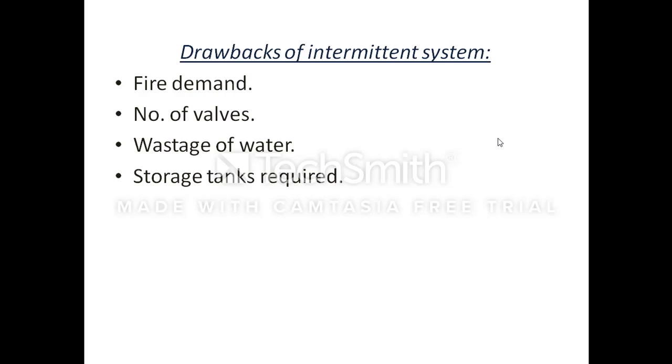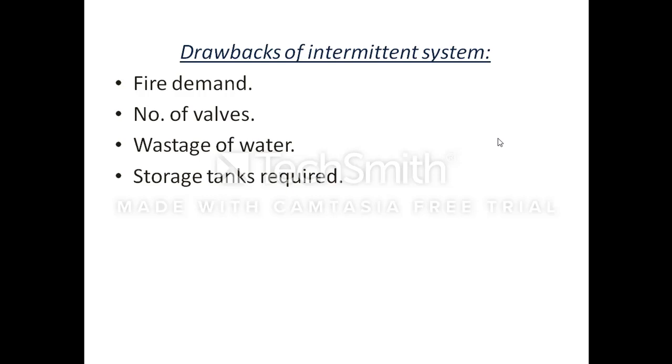First is fire demand. If there is a fire during the period when water is not supplied, it creates a great problem as the water can't be arranged for firefighting quickly. And a large number of valves are required for working in case of intermittent system.